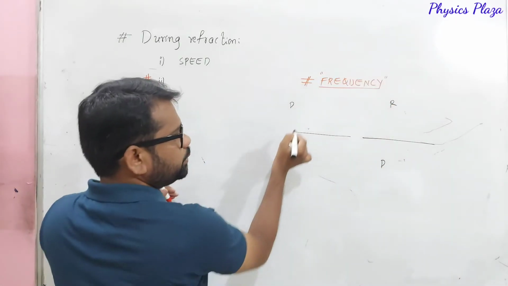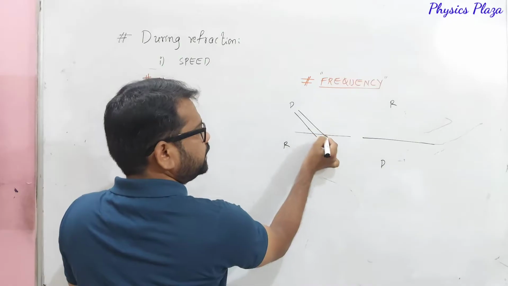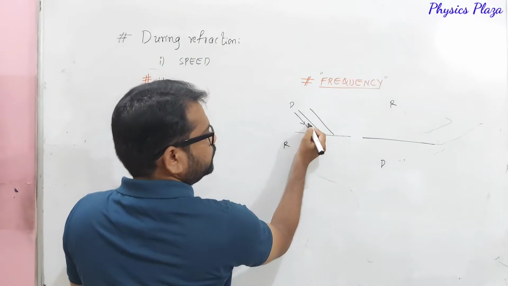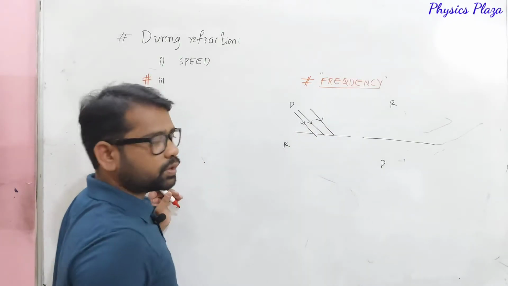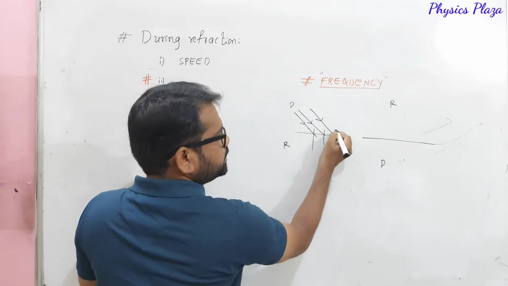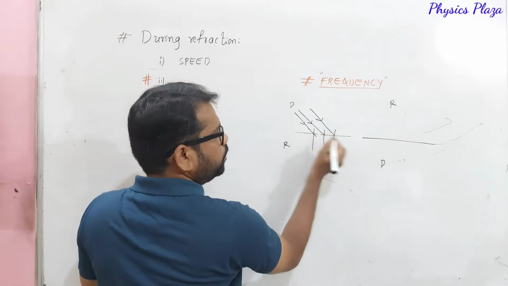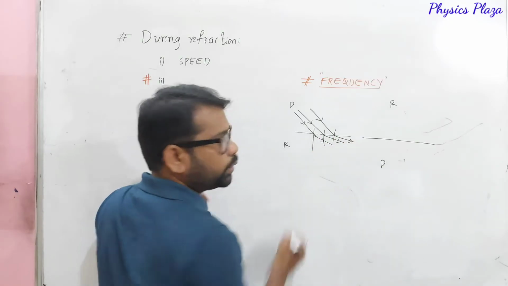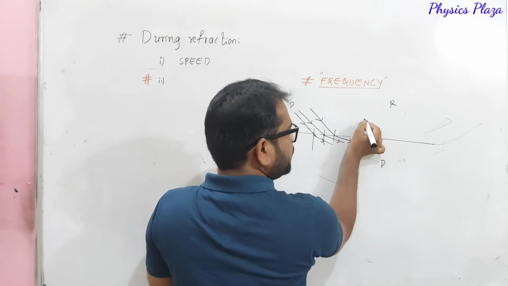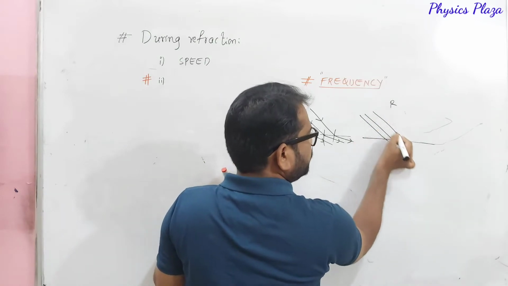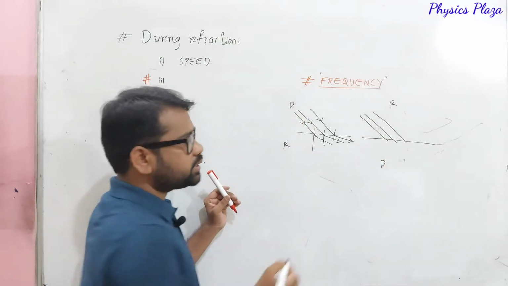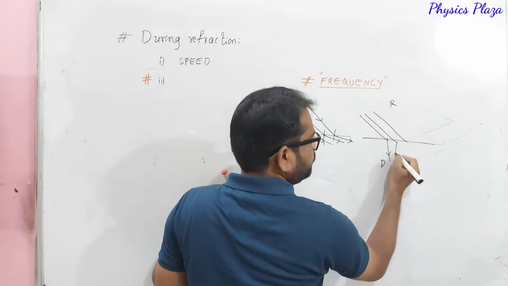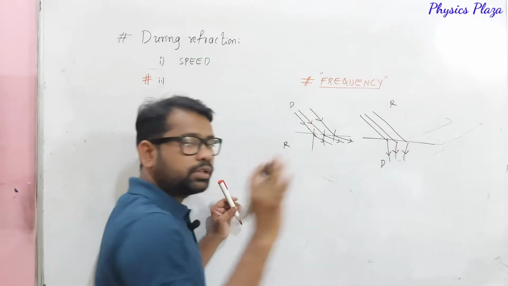For example, three light rays are coming like this. When they enter the denser medium, they bend towards the normal. And in the other case, three light rays moving from denser to rarer move away from the normal. That is fine, it's not a problem.